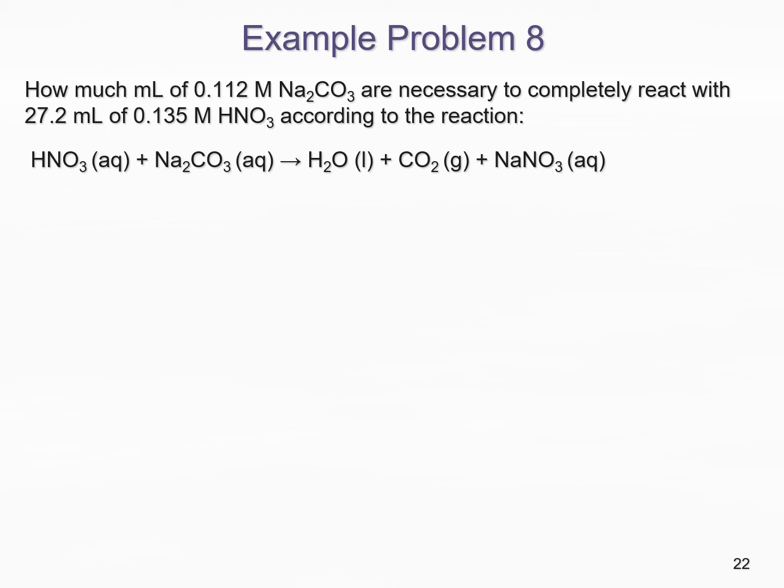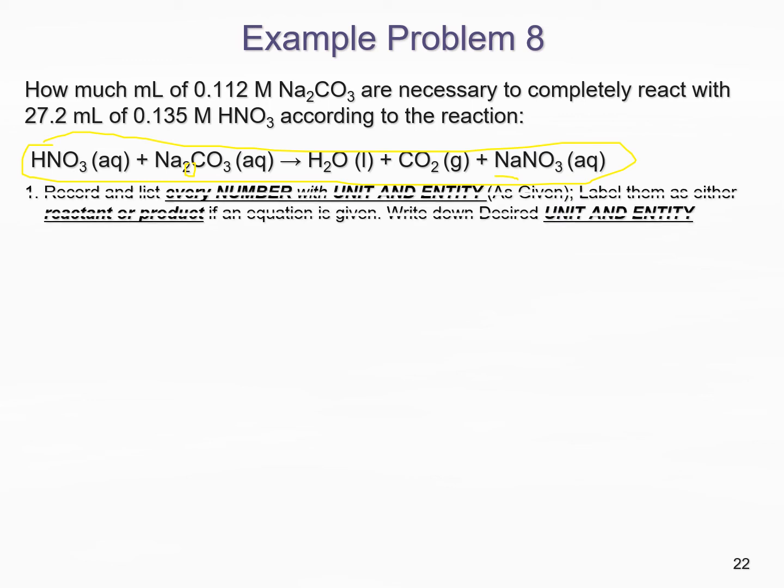As a reminder, always check whether the equation is balanced. Because as you can see, it is not balanced. You got 1 sodium here and 2 sodium there. So always check the equation to see whether it is balanced. Sometimes, if you miss that part, it is going to get you in trouble.